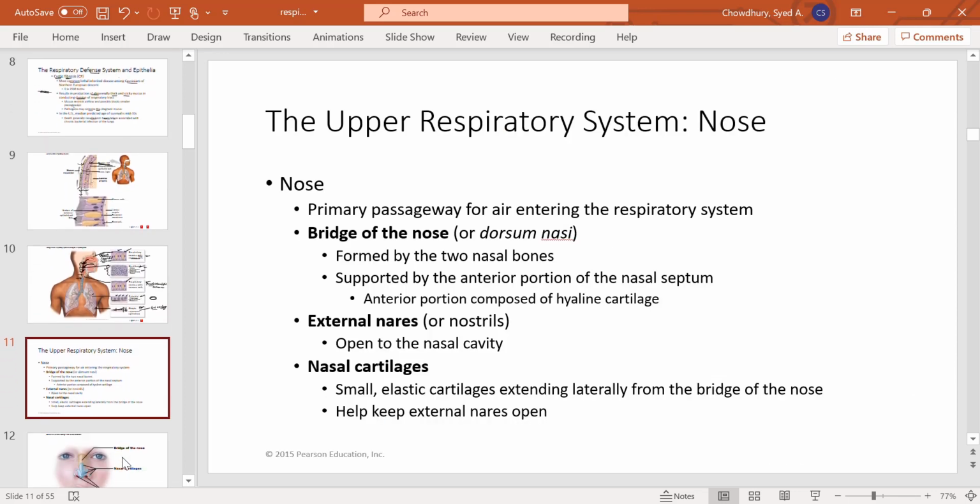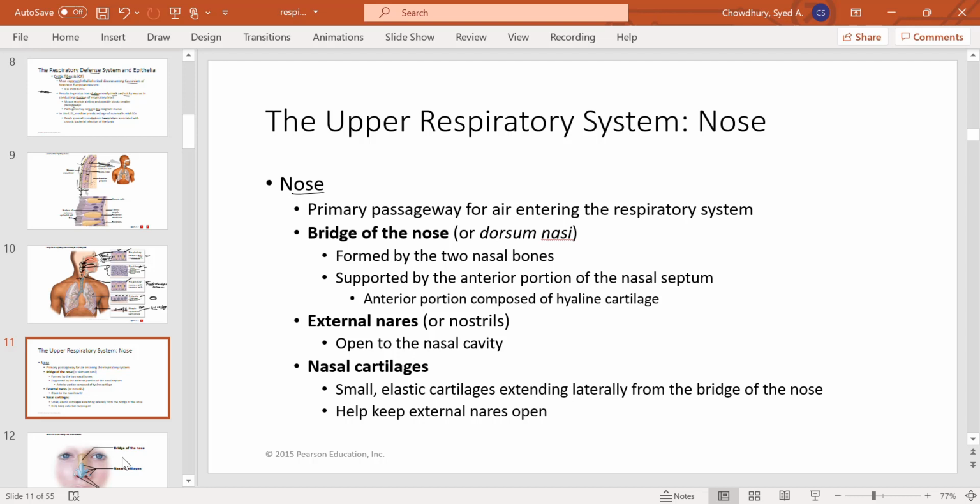Okay, now we'll see the first organ of the respiratory system, which is the nose. Okay, nose is the primary passageway for air entering the respiratory system. We all know that, and through the external nares or nostril, the air enters into the nasal cavity, right?